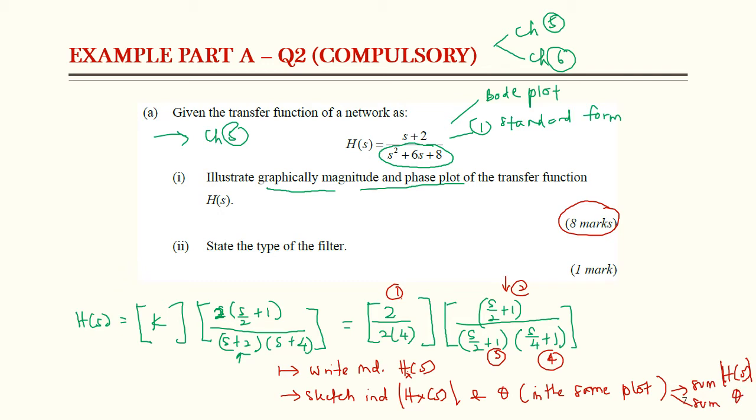Once you have summed the signals, then you may see the shape of the filter. So then you can answer sub-question 2: state the type of filter you have from the first plot.